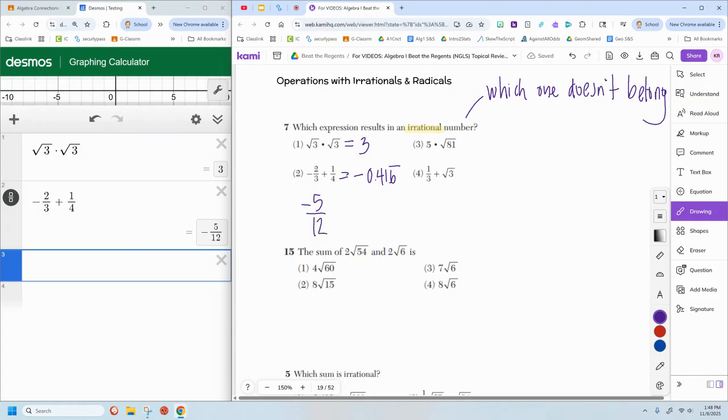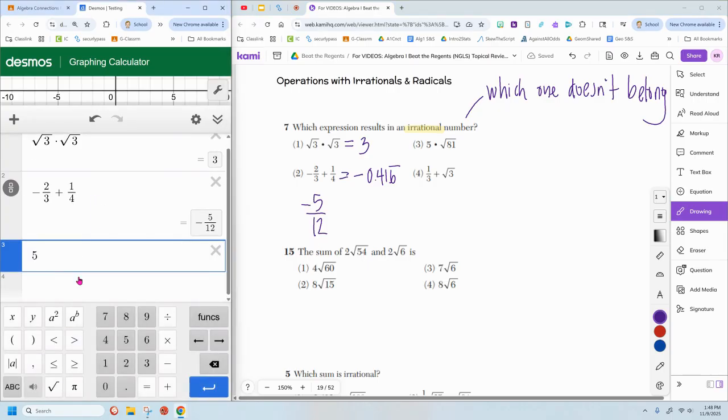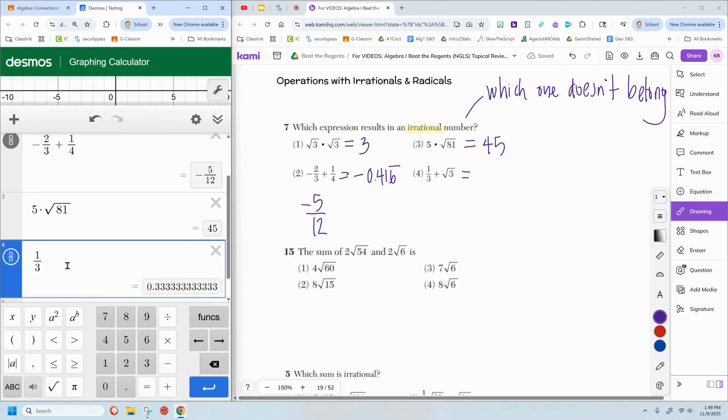All right. Choice 3 is 5 times radical 81, and that's equal to 45. And that's because square root of 81 is 9. And then my last one is 1/3 plus radical 3.